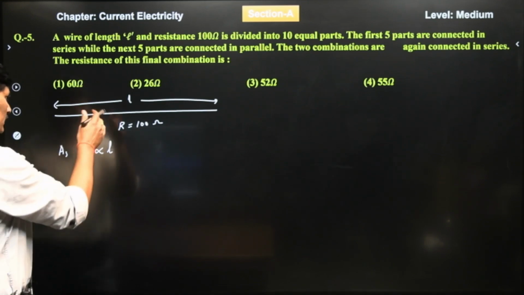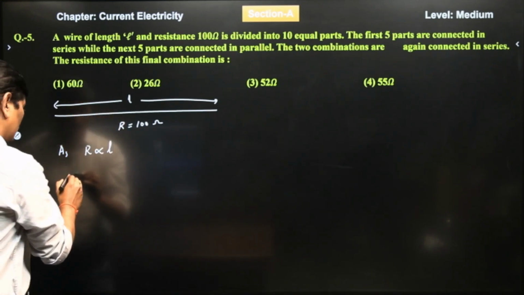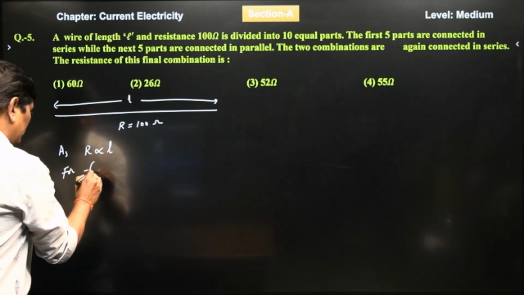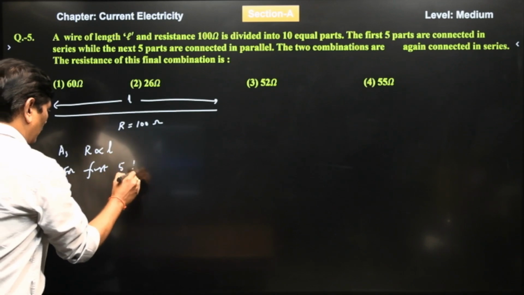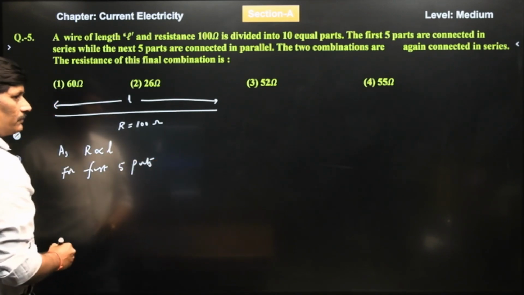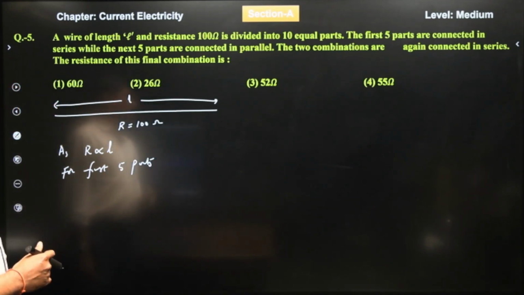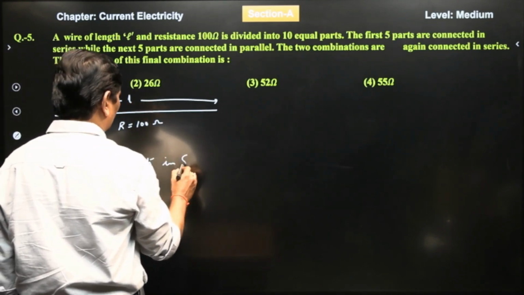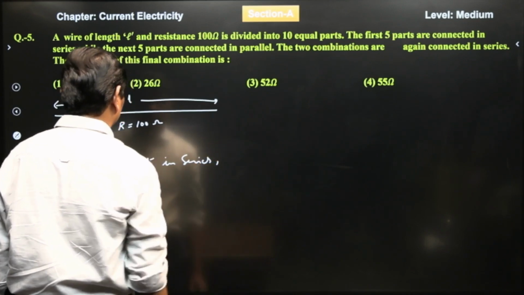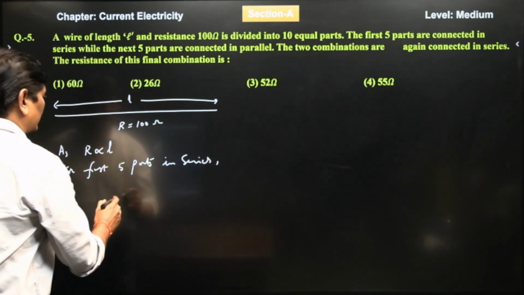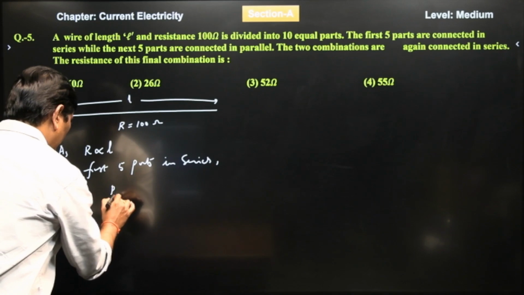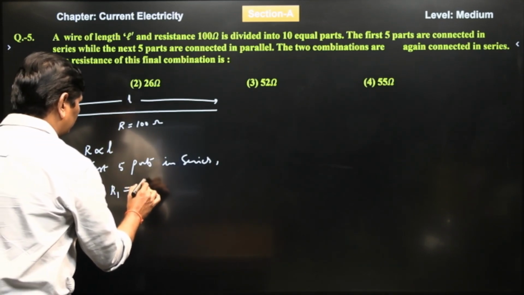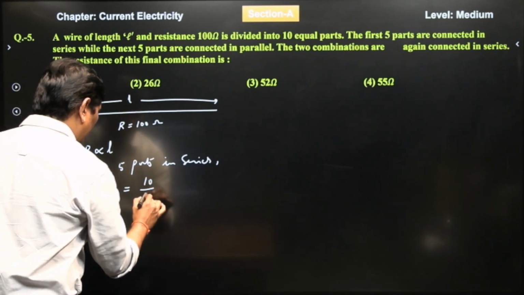So when this is divided into 10 parts, for the first 5 parts in series, you can consider R1, that is 10 divided by 5.